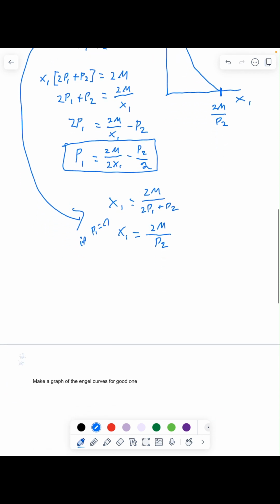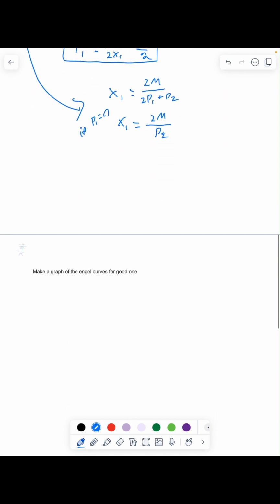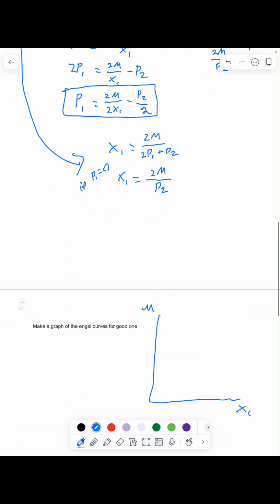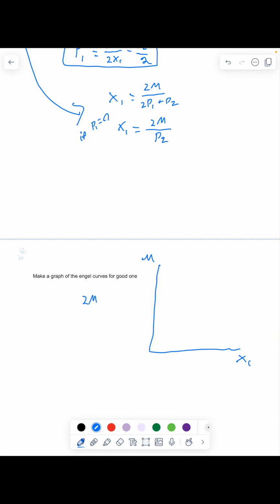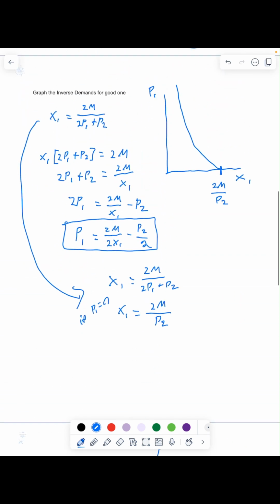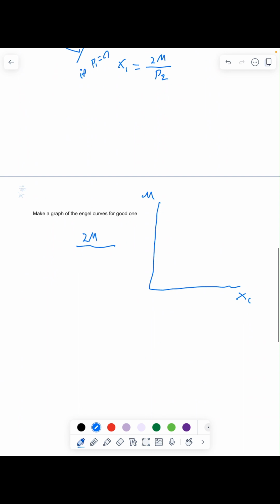All right, so for the Engel curves, it's going to be a similar type of deal, except we're going to want to have our budget on the y-axis. And so our demand was 2m all over 2P1 plus P2.